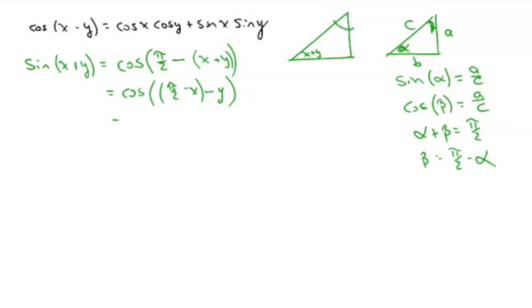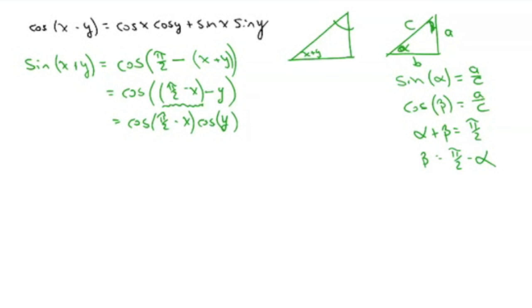Okay, now we can use the formula on top. It becomes cosine of the first angle, so cosine of pi over 2 minus x, and then cosine of the second angle, which is cosine of y.